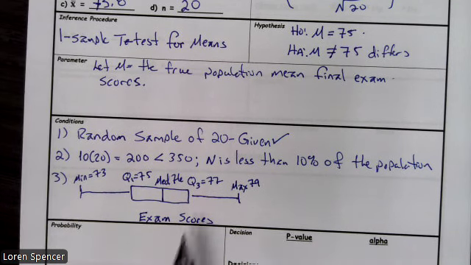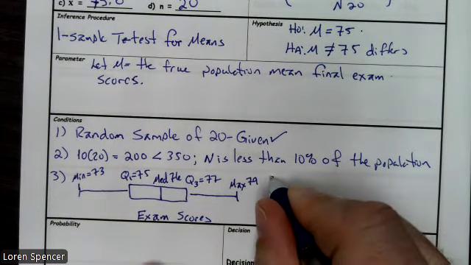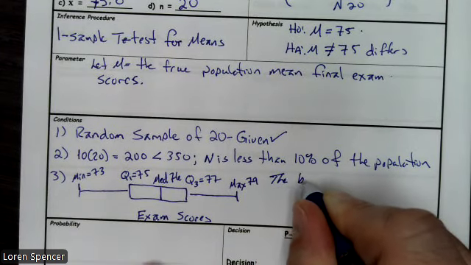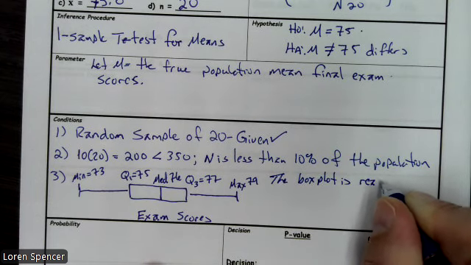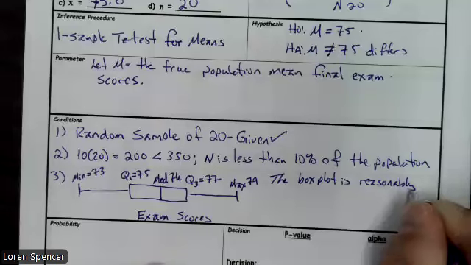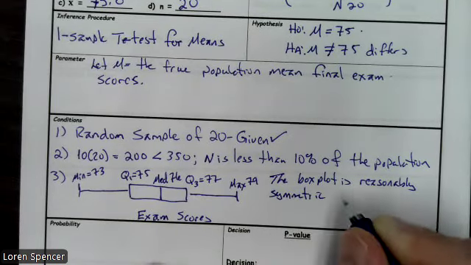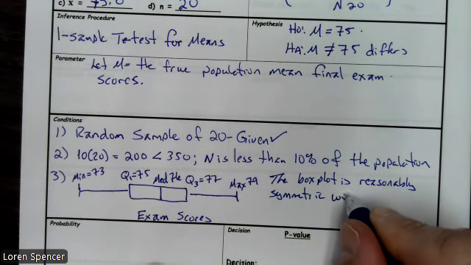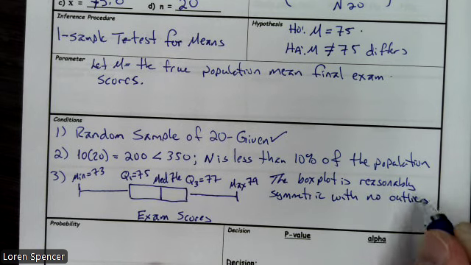I need to now make the statement that there's no extreme skewness or outliers. The box plot is reasonably symmetric with no outliers.